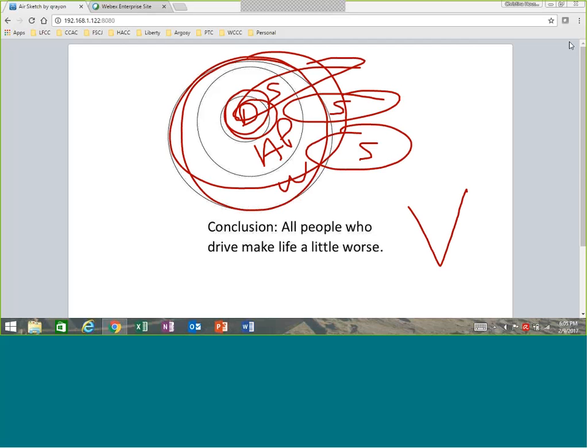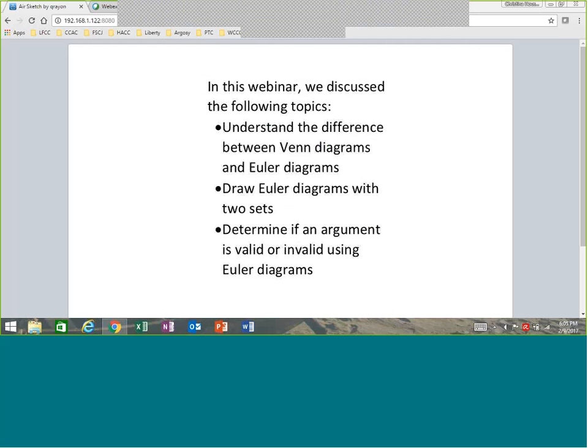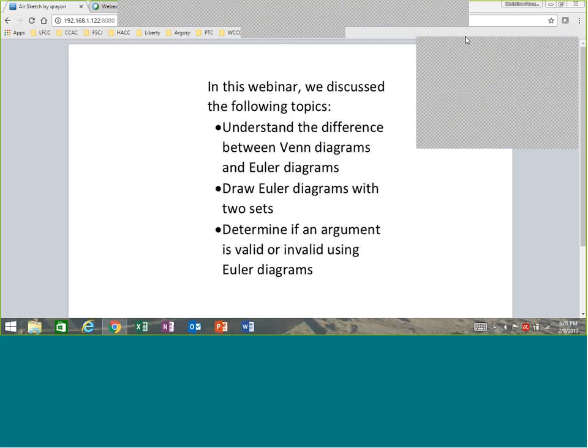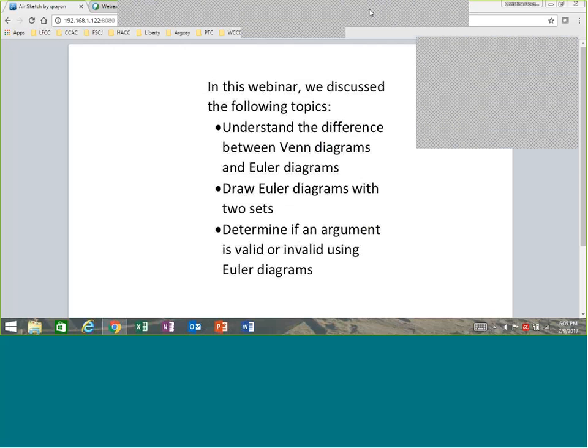Okay. So I just wanted to summarize what we've done here: we talked about the difference between Venn and Euler, and then looked at Euler diagrams, hopefully with enough examples to help you understand. I'm checking to see if there are any questions in the chat boxes. I don't see any questions.